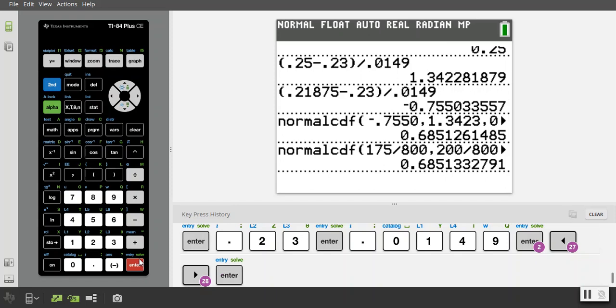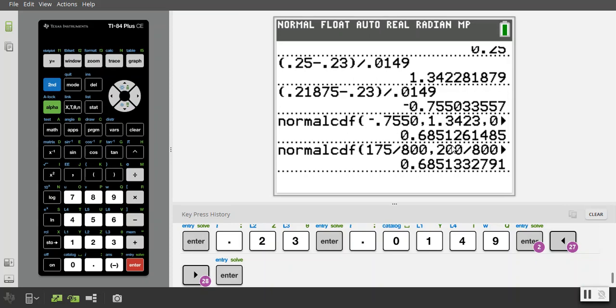Okay, so this gave me 0.6851, which means that I'm actually very close. I think I might have been thinking of another example, or maybe in my notes I used the wrong measurements.